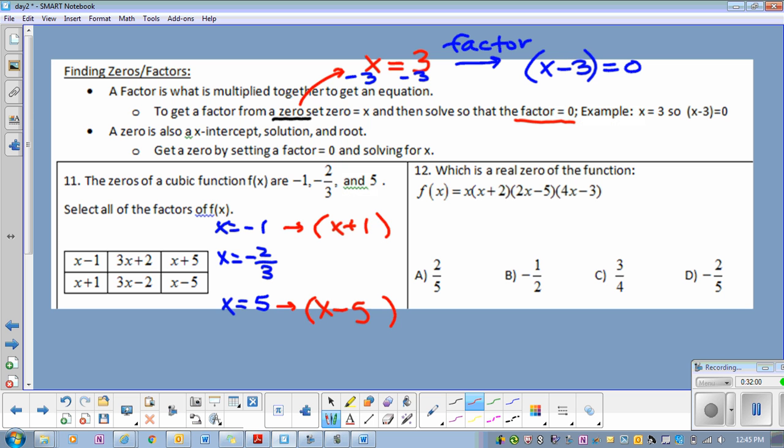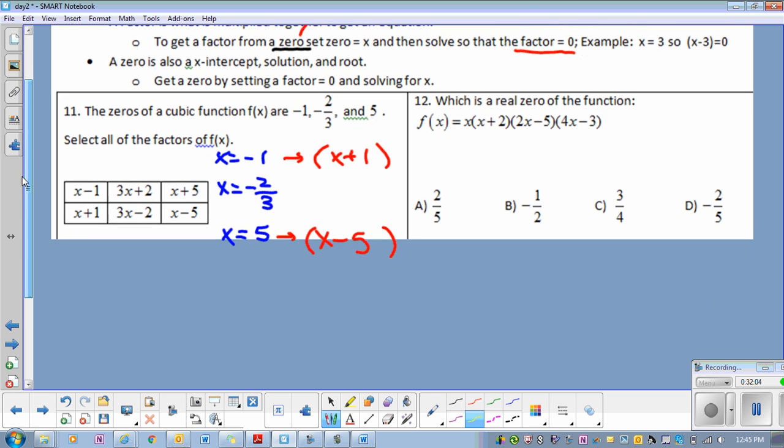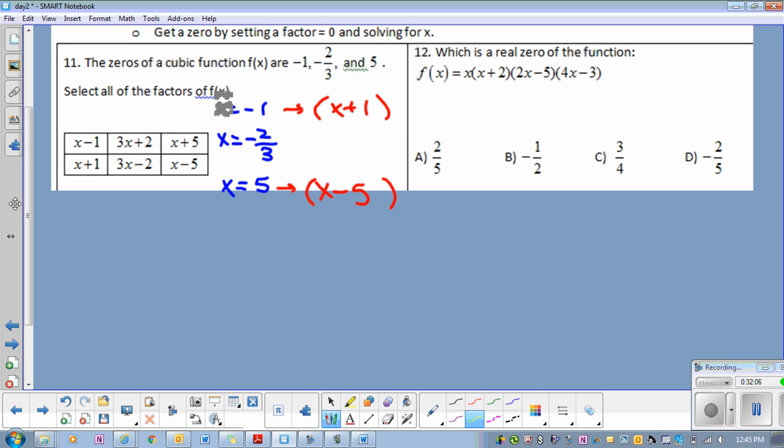Here's another way that you can do it. If you don't remember it, just remember you're making this equal to 0. So if you have x equals -2/3, to turn this into a factor, it would be x plus 2/3. Do you agree?